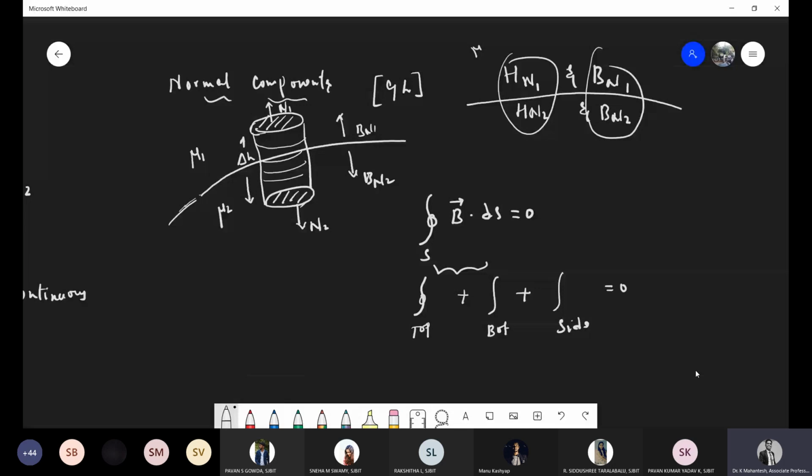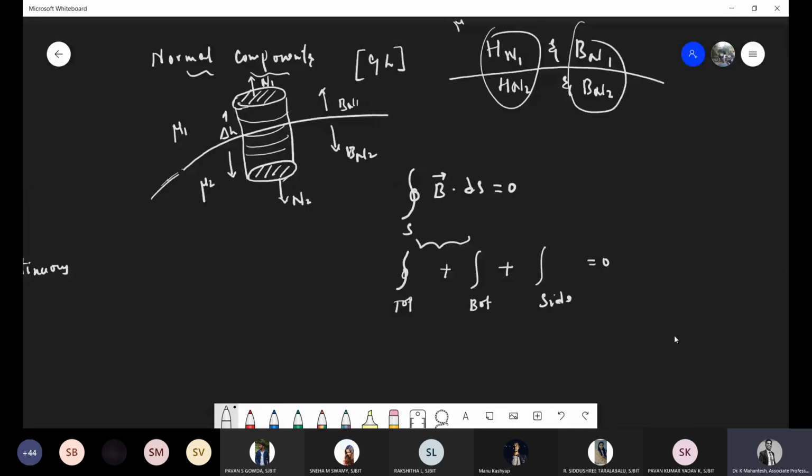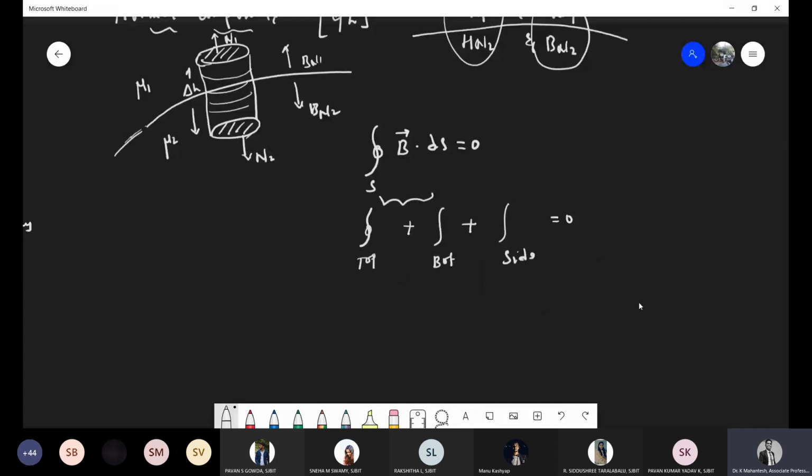Again, I will be applying the same concept here. I'll make the length of the cylinder approach 0. That means delta H tends to 0. I repeat, in order to find the normal components, I'll make this delta H tend to 0.